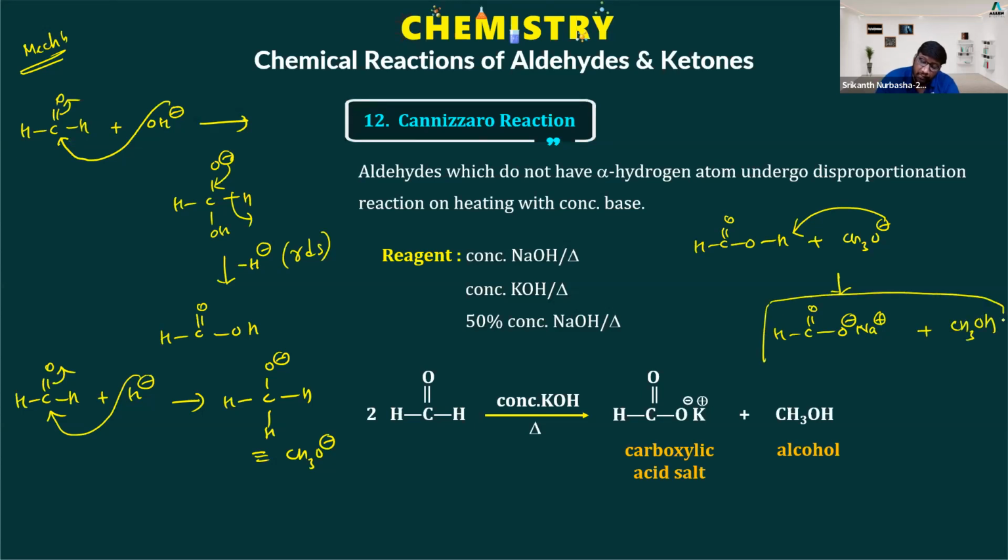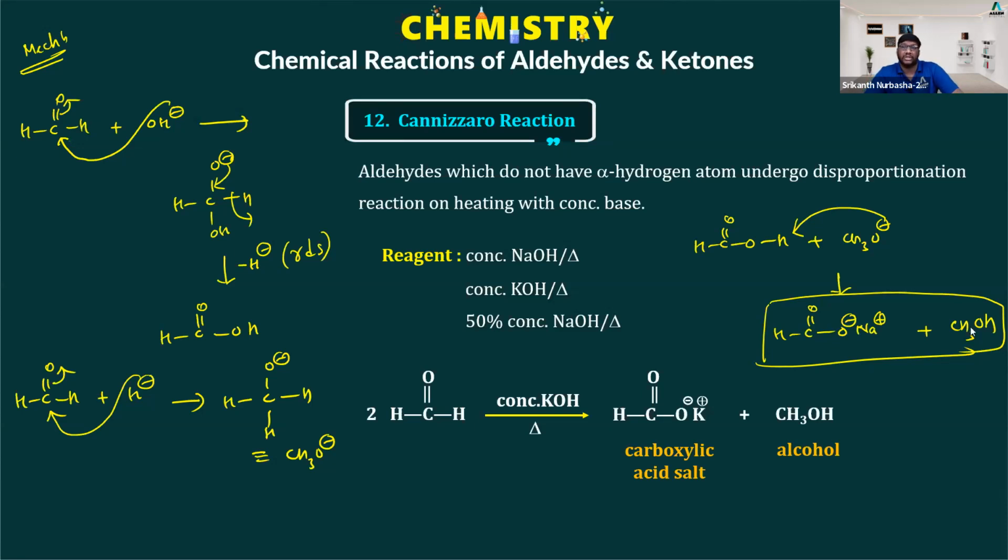That means the same formaldehyde underwent oxidation to form the respective formate as well as reduction to form the respective methanol, alcohol. Same aldehyde underwent oxidation to form the carboxylate, and reduction to form the respective alcohol.